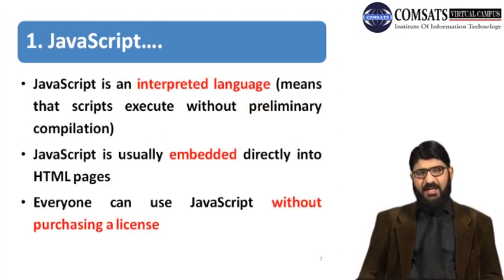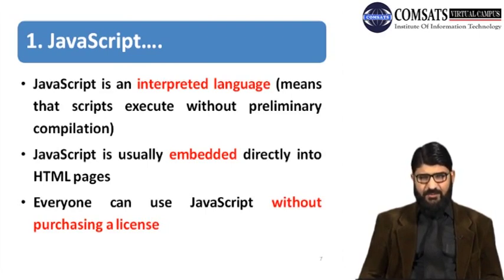JavaScript is basically an interpreted language. By interpreted, we mean that the script can be executed without prior compilation. Normally JavaScript is embedded directly into the HTML code, and everyone can use JavaScript without purchasing any sort of license.